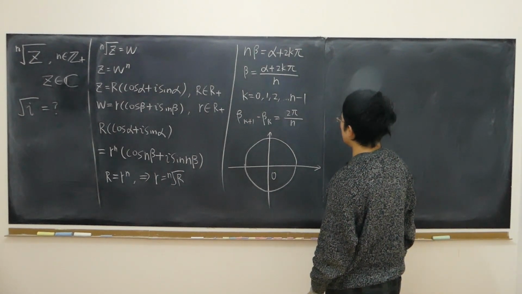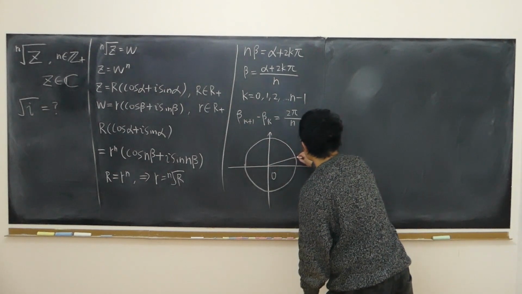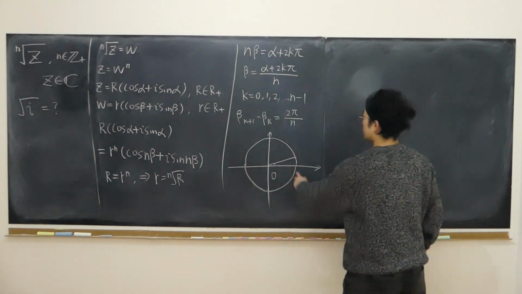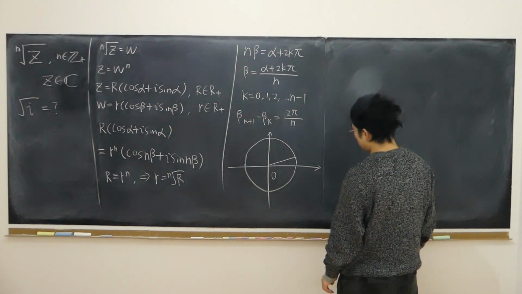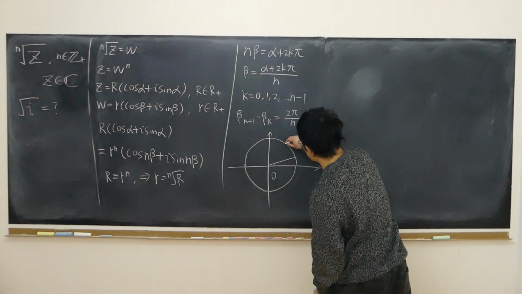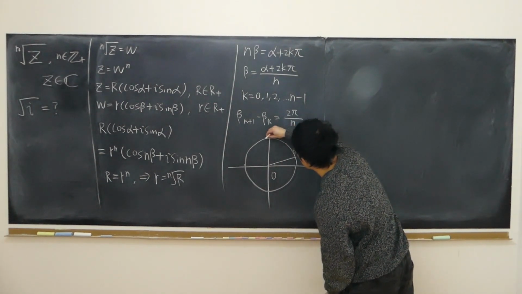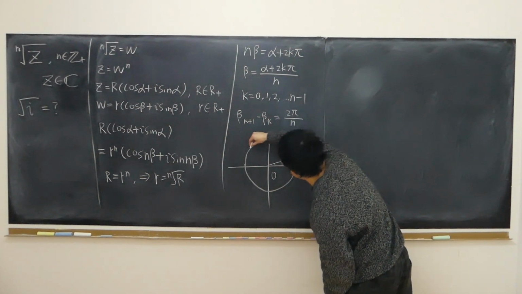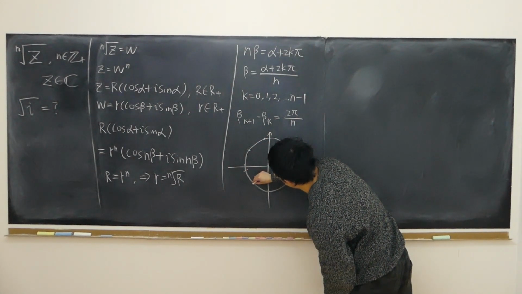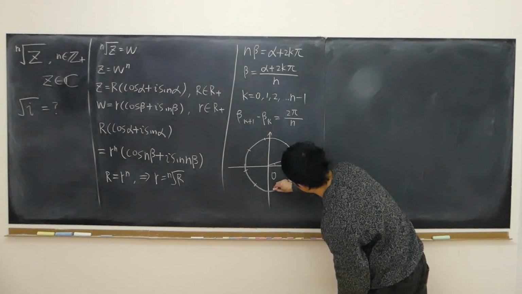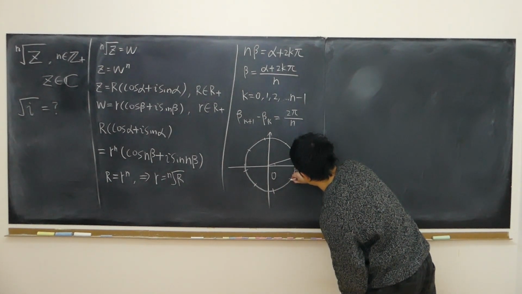For example, the angle is somewhere here, this alpha over n. This is our first root. And our second root may be somewhere here, our third root somewhere here, fourth root, fifth root, sixth root, seventh root somewhere here, and the eighth root somewhere here.